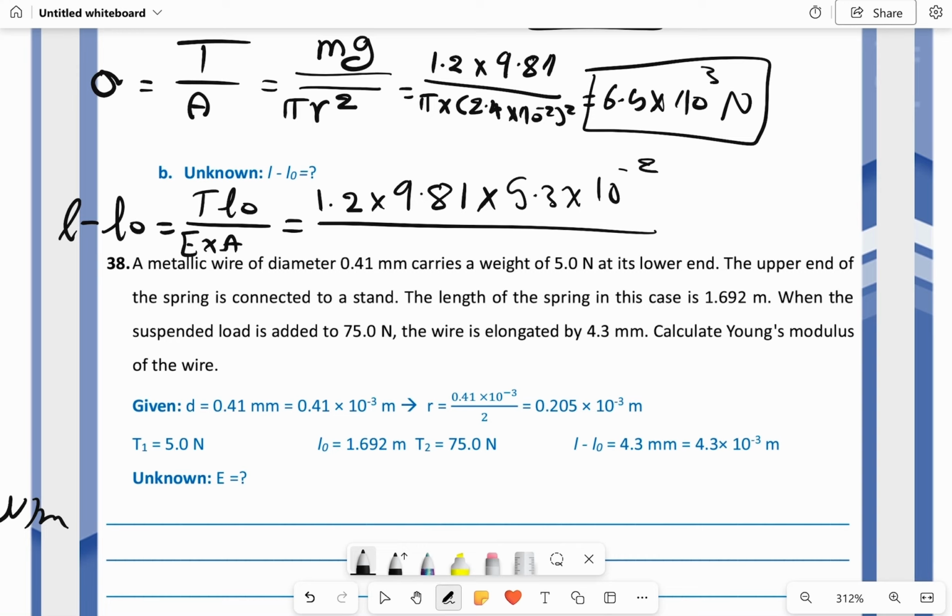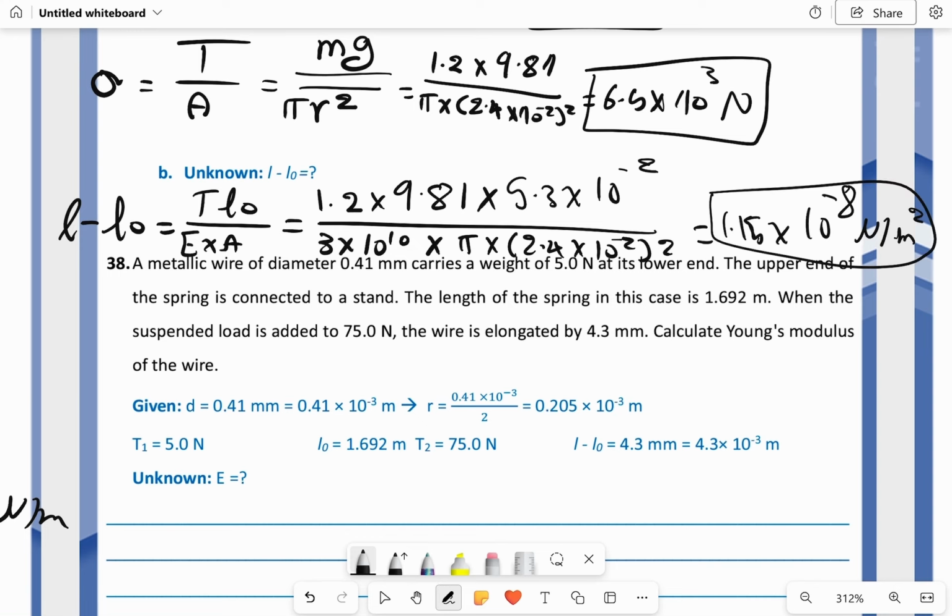All of it divided by Young's modulus, which is equal to 3 times 10 to the power of 10, multiplied by area, which is pi multiplied by 2.4 times 10 to the power of minus 2, all of it squared. Try to calculate this and you will get 1.15 times 10 to the power of minus 8 Newton per meter squared, or just basically Pascal.